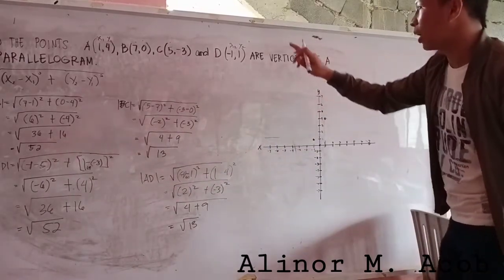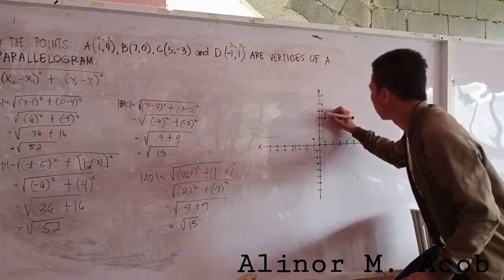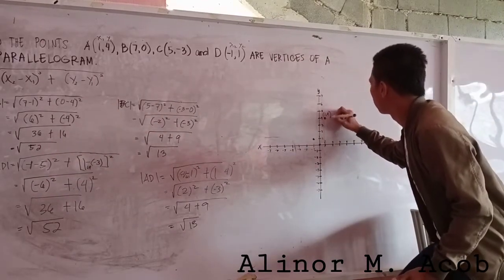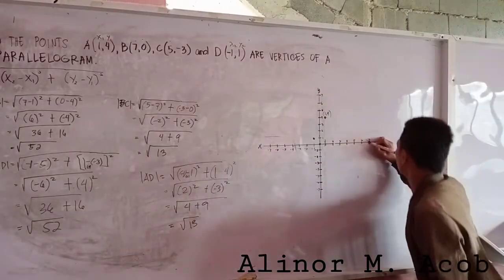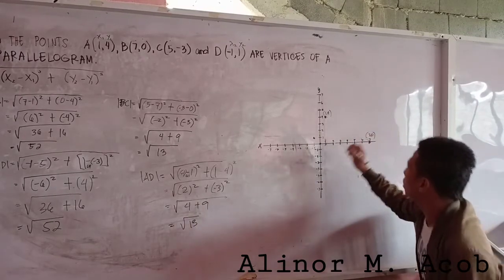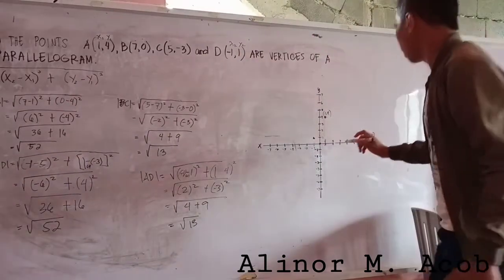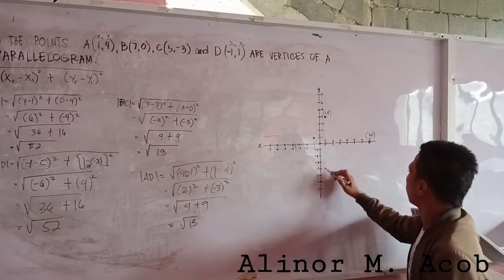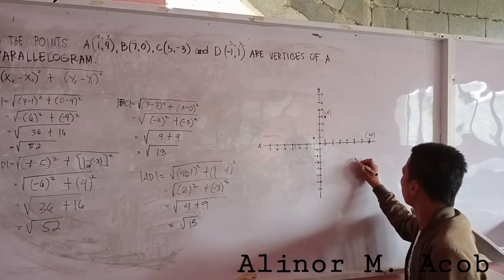So A natin is 1 and 4, so dito siya. So yung B natin 7, 0, dito siya. Tapos yung C natin 5 siya, negative 3. 5, negative 3.